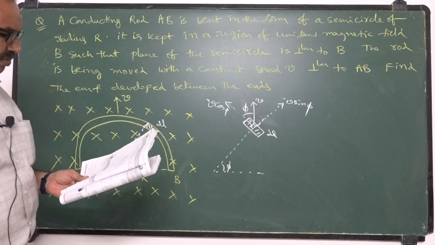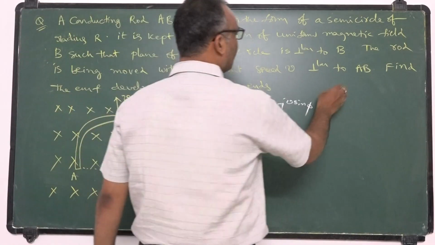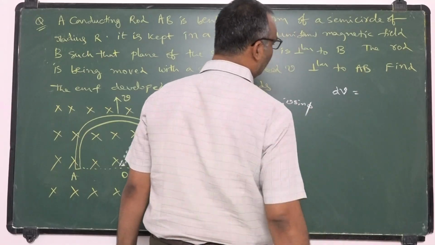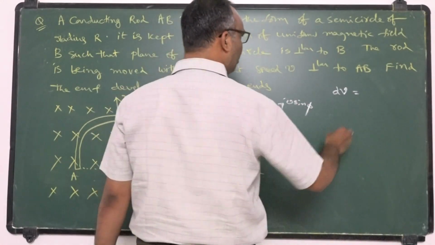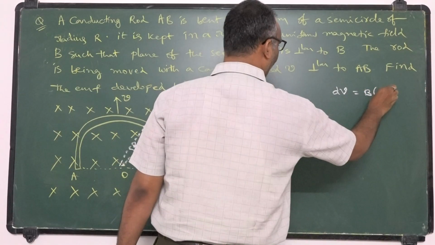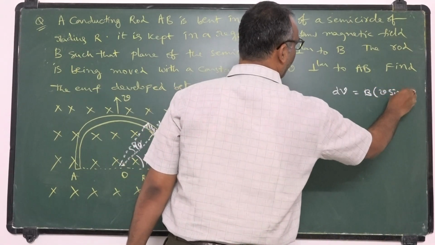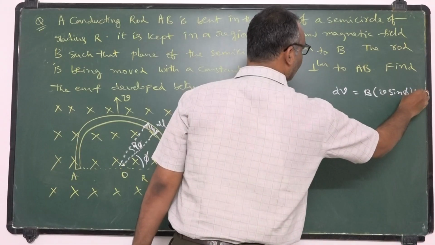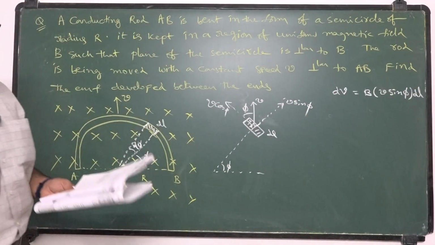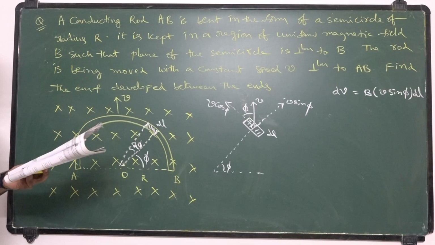The motional EMF developed, dV or dE, anything you can write, dV is equal to B v l. B is the strength of the magnetic field, velocity is v sin phi, length of the element is dl. As the length is small, the developed EMF is also very small.